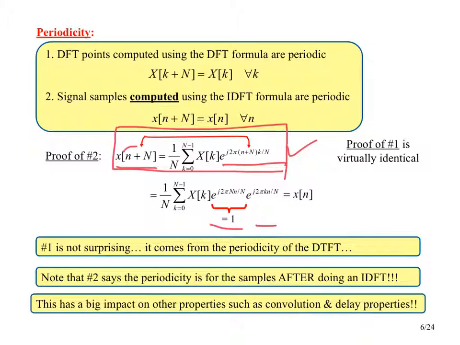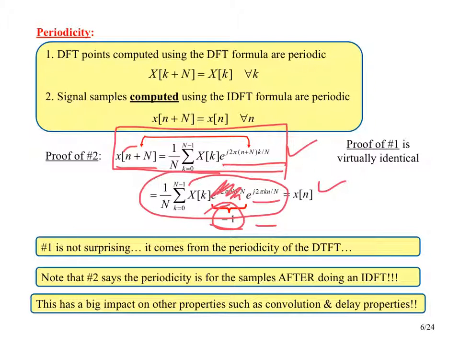All of those numbers are the real number 1, so we can replace that by 1. This part just stays there, and so that part is gone. What we have is just the regular IDFT, and that gets us back x of n.